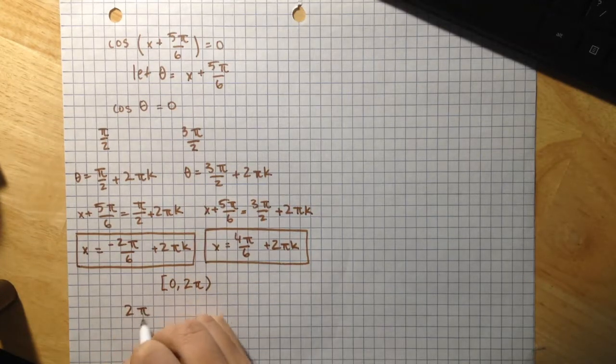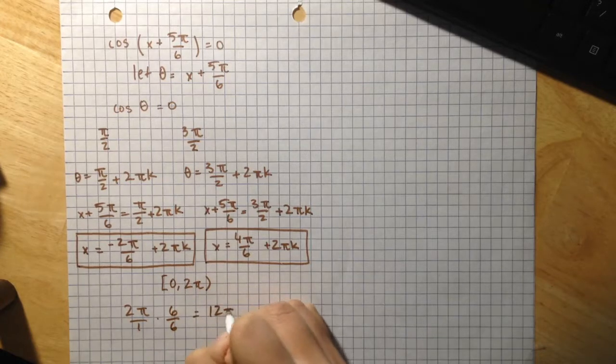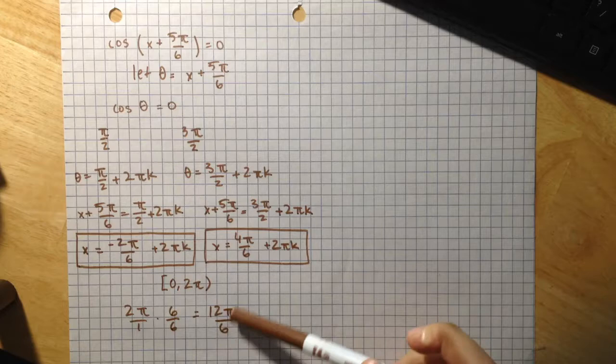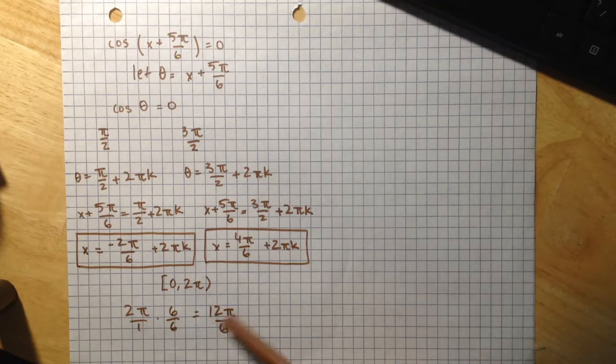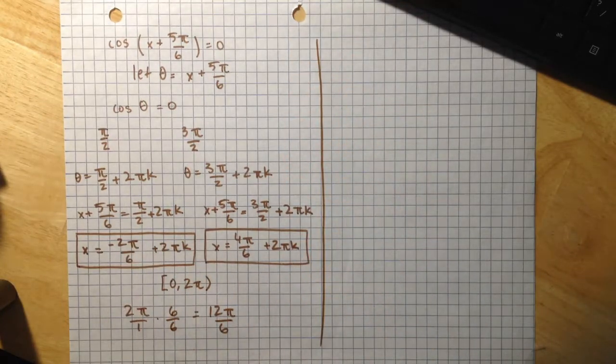So if I rewrite 2π with the denominator of 6, I can get an idea of where I should stop substituting whole number values into k. So I get 12π/6. My values that I'm going to test cannot surpass 12π/6. So let's start substituting whole number values into k for both of these equations.